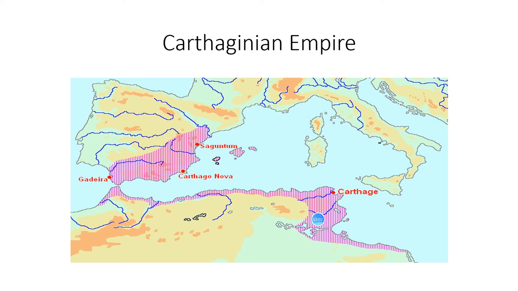Like their ancestors, the Phoenicians, the Carthaginians were great sailors, and they started to take control over some of the islands in the Mediterranean, Sardinia, and Sicily. And of course, Sicily is to the south of Italy. When they get to Sicily, they start to interact with people who were in the sphere of influence of Rome. So it is inevitable that the Romans and the Carthaginians will fight at one point.